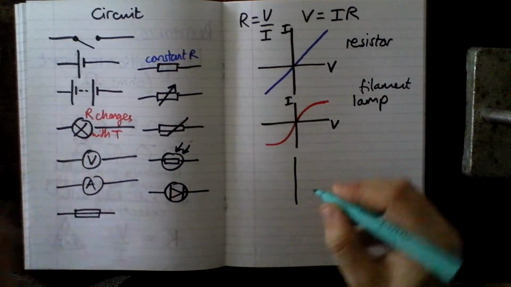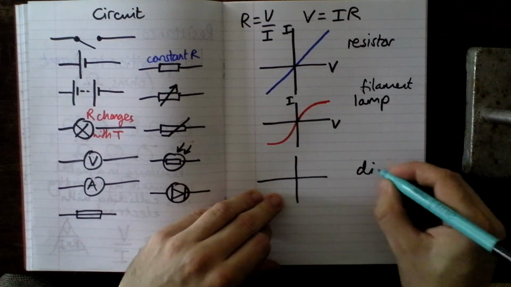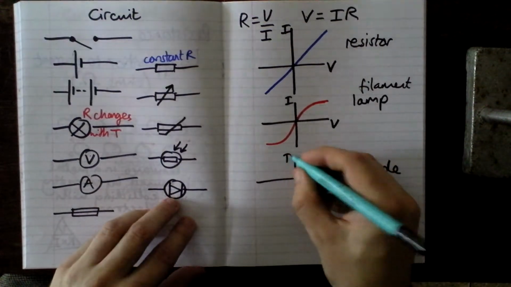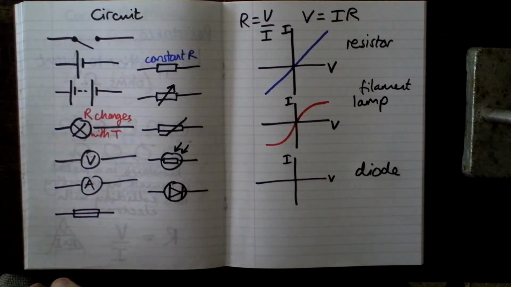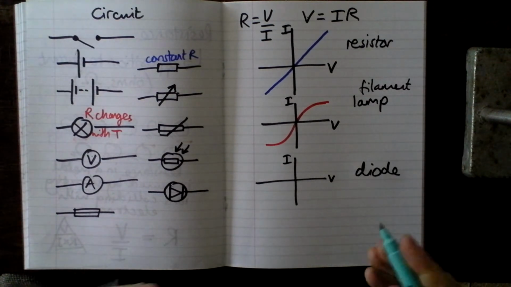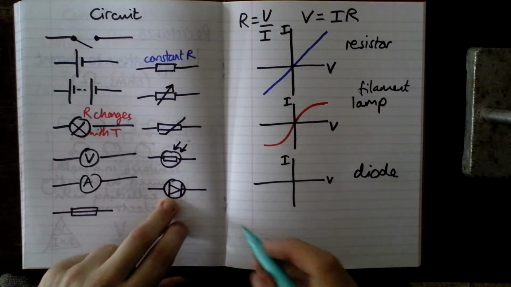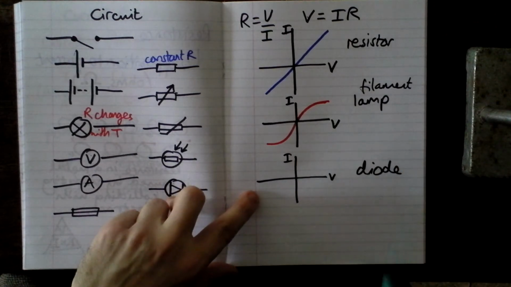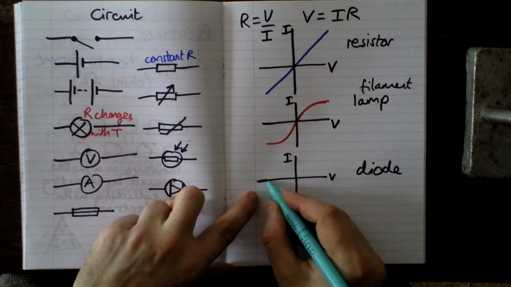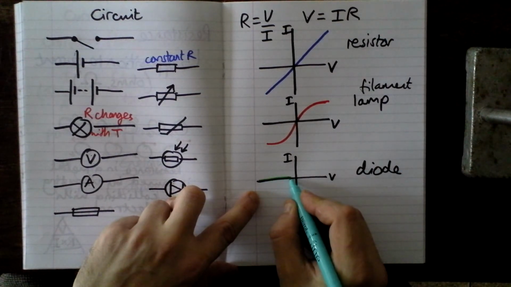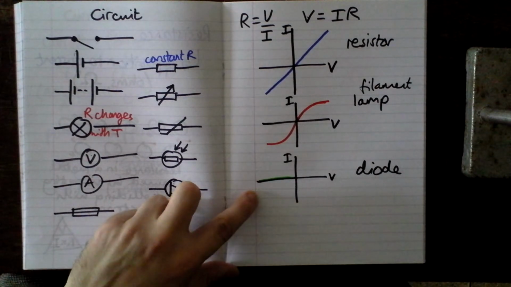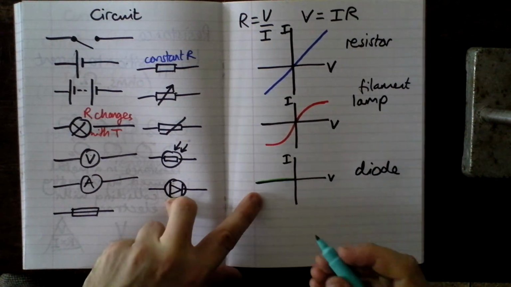We can do exactly the same for a diode. Diodes are really, really useful devices. They act a little bit like an electrical valve. And all they do is, if you connect them backwards, they allow no current through at all. It's as if they've got an infinite resistance. So you'll get no current at all for a negative voltage, trying to push electricity through backwards.